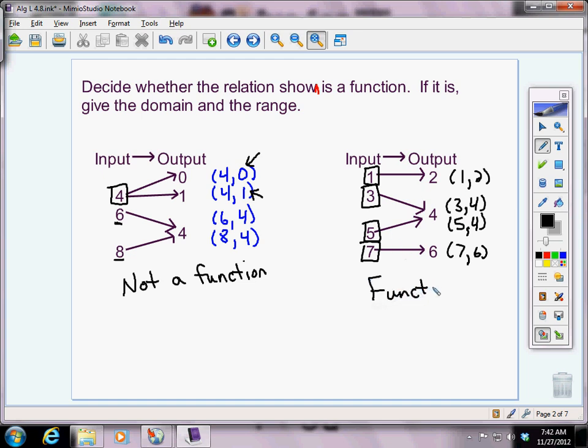Now the second part here says, give the domain and the range. Your domain is the set of all inputs. Your range is the set of all the outputs.